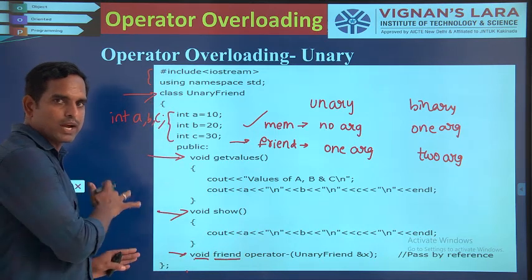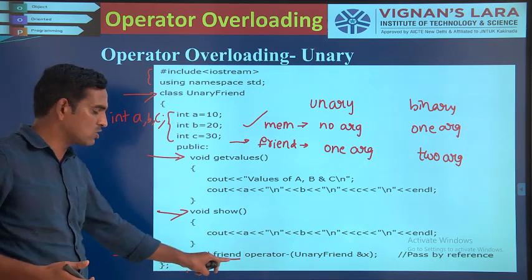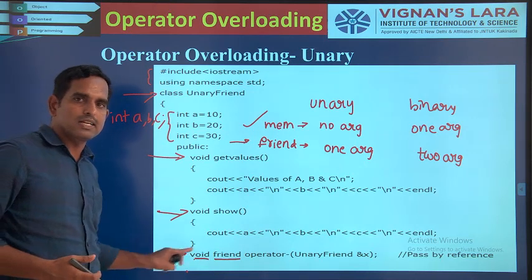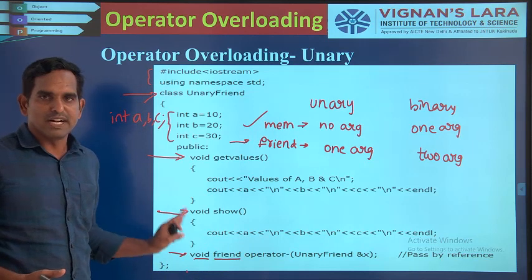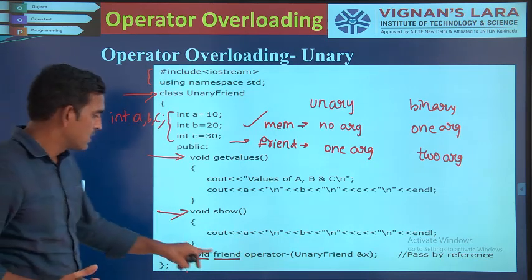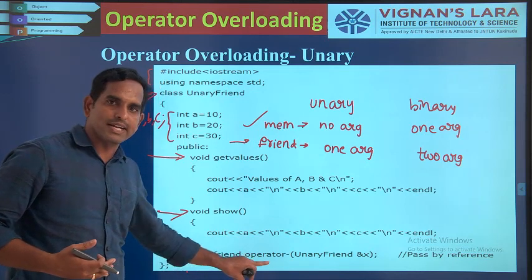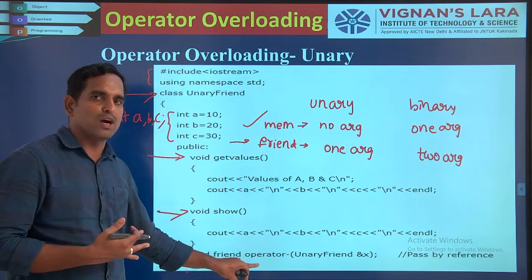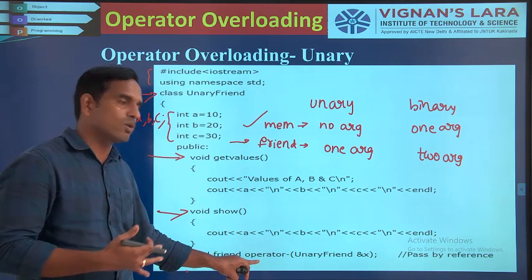I think you remember, while writing your friend function, I have to specify friend to tell that this particular function is a friend function and it can be defined outside the scope of your class. And next I am writing operator, that is the keyword. If I specify operator, it means that it is operator overloading.